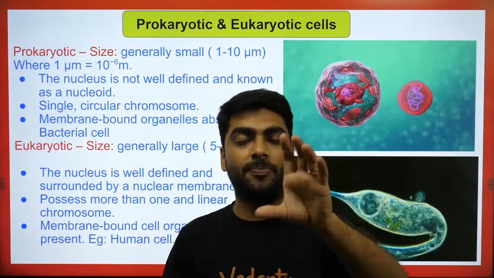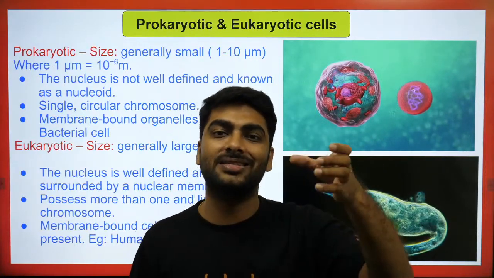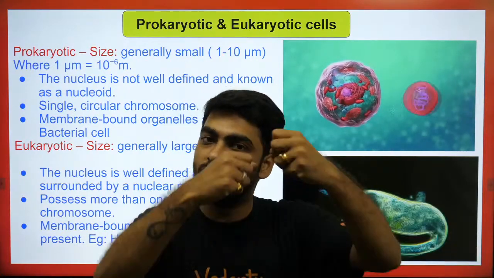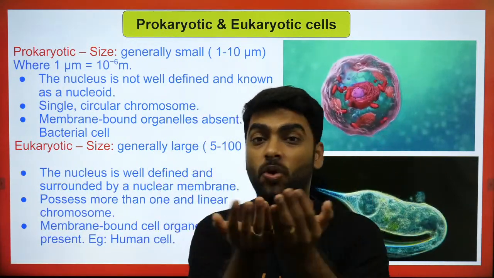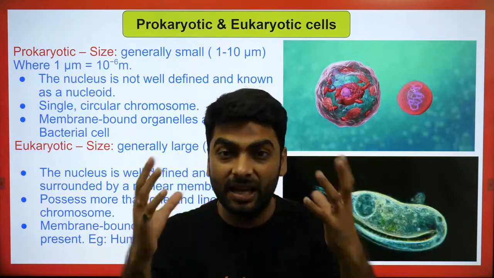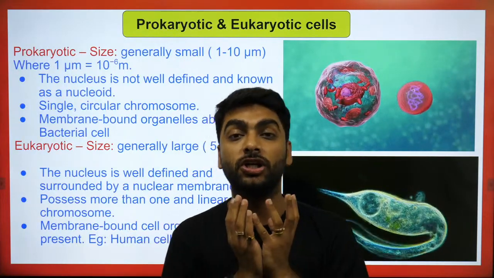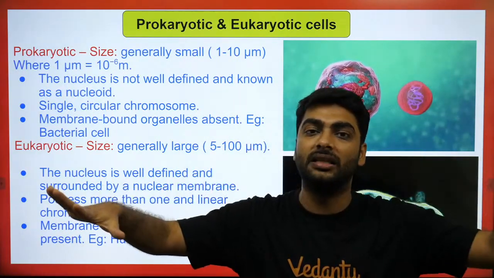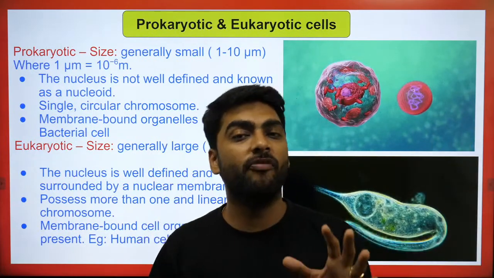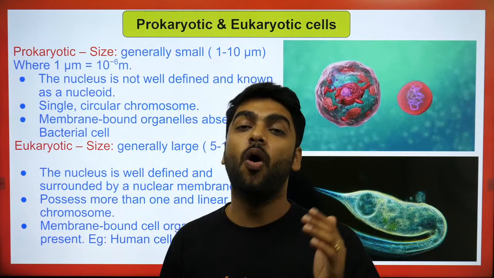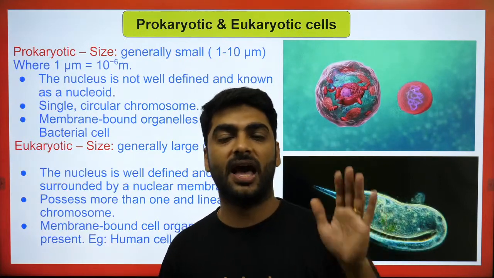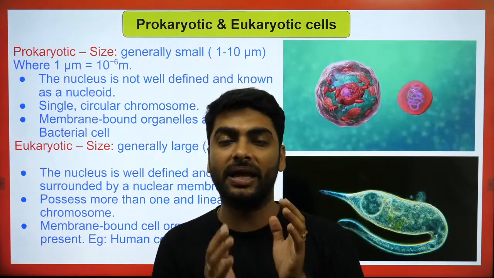Suppose there is a glass with water in it; if you take away the glass, the water will spill, right? Similarly, in a prokaryotic cell there is no nuclear membrane. So the nuclear material, which is called the nucleoid, is scattered in the cell. An example of a prokaryotic cell is a bacterial cell. Bacteria are prokaryotes. All the other cells are eukaryotes. They have a proper, well-defined nuclear membrane.